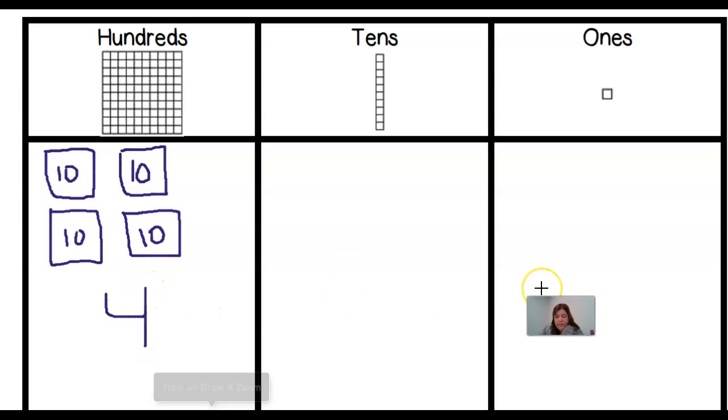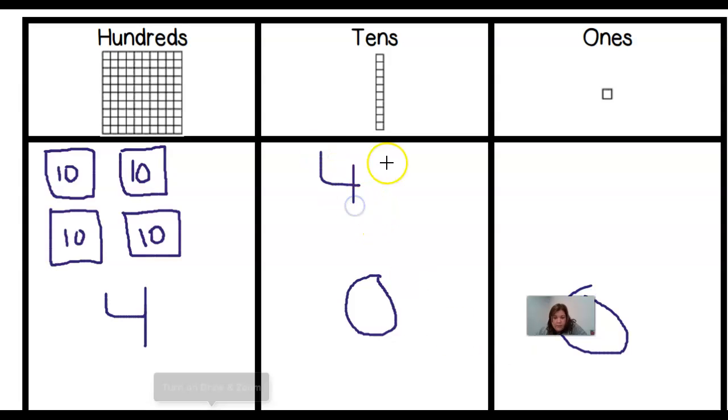But what about these? We don't have any numbers there. So if it doesn't tell us any numbers there, you have to write a 0. We can't put 40 in here because only one number can be used, okay? You can only put one number in each column.